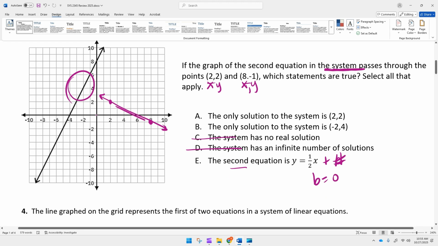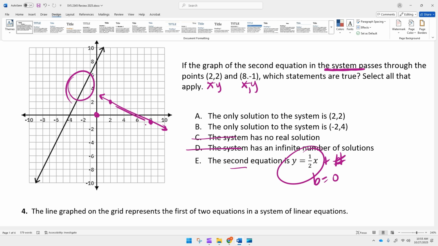Clearly, if you look at this line, 0 is here. Is that line going to intersect (0, 0)? No. So it can't be that equation of that line. The other reason that it's not that equation of the line, this equation has a positive slope. Our slope is clearly negative. It's clearly our y values, as the x is increasing, the y's are clearly getting smaller. Does that make sense? So we know E is out.